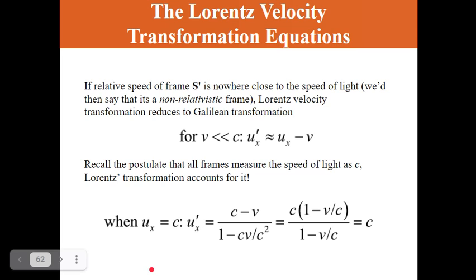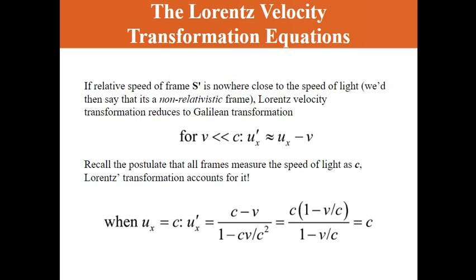The Lorentz transformation equations, again, are a more accurate description of space and time since they comply with the rules of relativity. However, when you are dealing with speeds that are much less than the speed of light, we call this non-relativistic situations, non-relativistic frames, then you can approximate the velocity transformations and the coordinate transformations back to the classical ones.